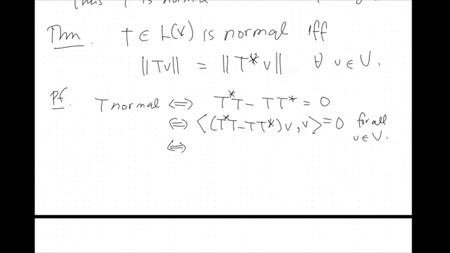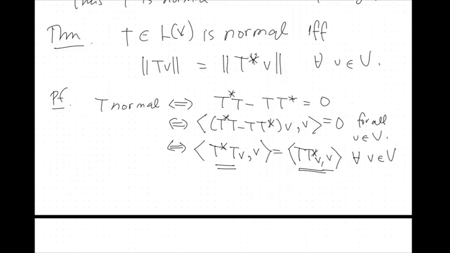This is also true when you get <T star T v, v> is also equal to <T T star v, v>, of course true for all v, and this means this one here.